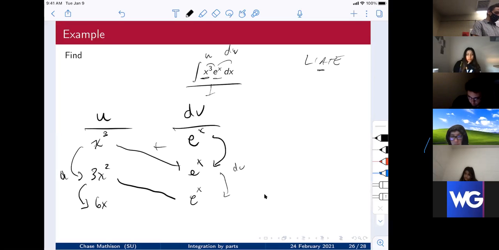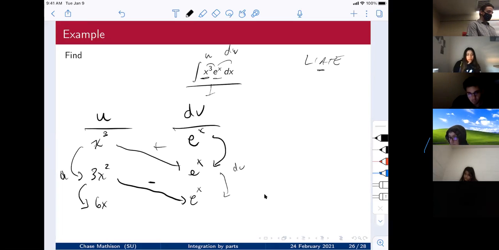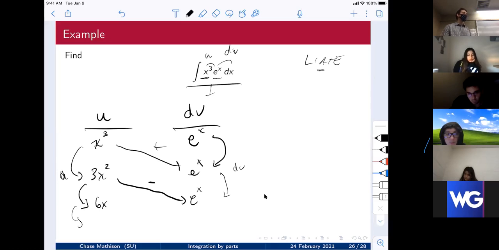So I'm going to connect this with a minus. I still don't know how to do the integral of 6x e to the x. We actually do. We've done that integral a couple of times, but it's not as easy as I would like. So now, how would I get one more row? What's the derivative of 6x? 6.